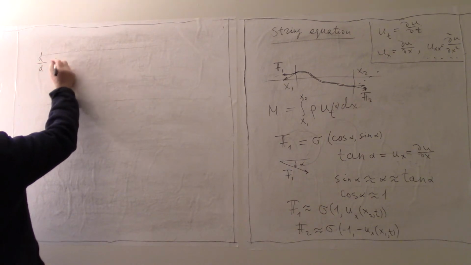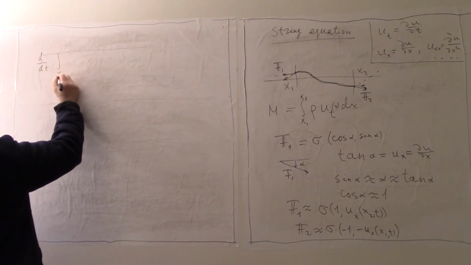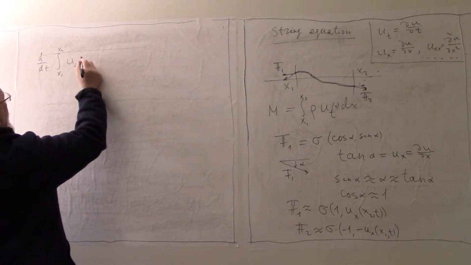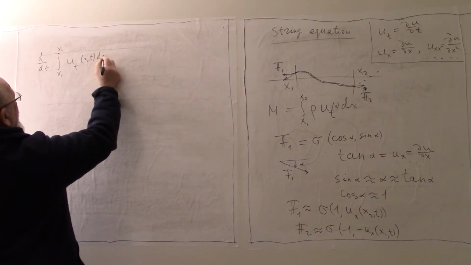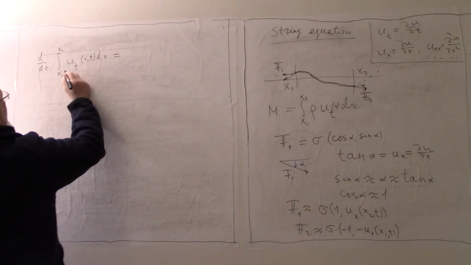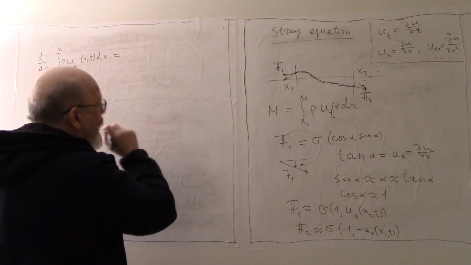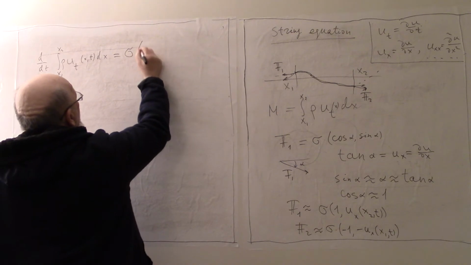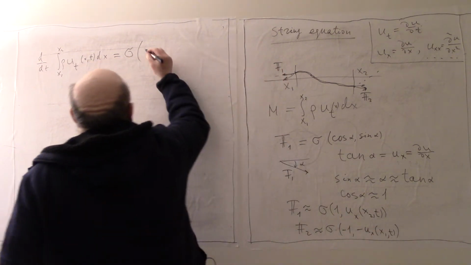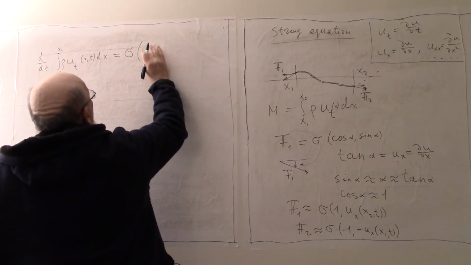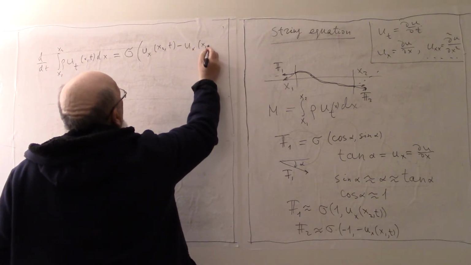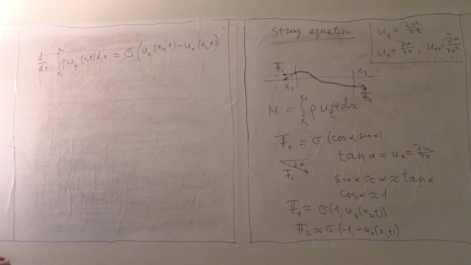The time derivative of the integral from x1 to x2 of rho u_t(x,t) dx equals sigma times u_x(x2,t) minus u_x(x1,t).